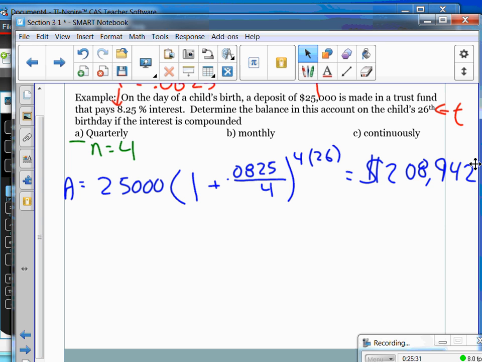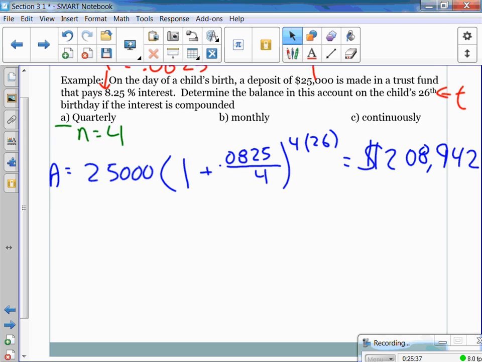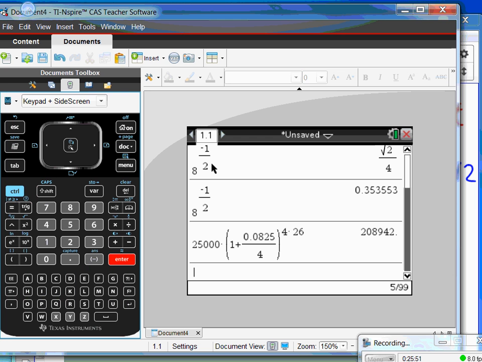If it's compounded monthly, change it to what? Absolutely, my n is now equal to 12. So where do we come up? Do I have to retype that formula? Just select the formula and go back and change our 4 to 12.